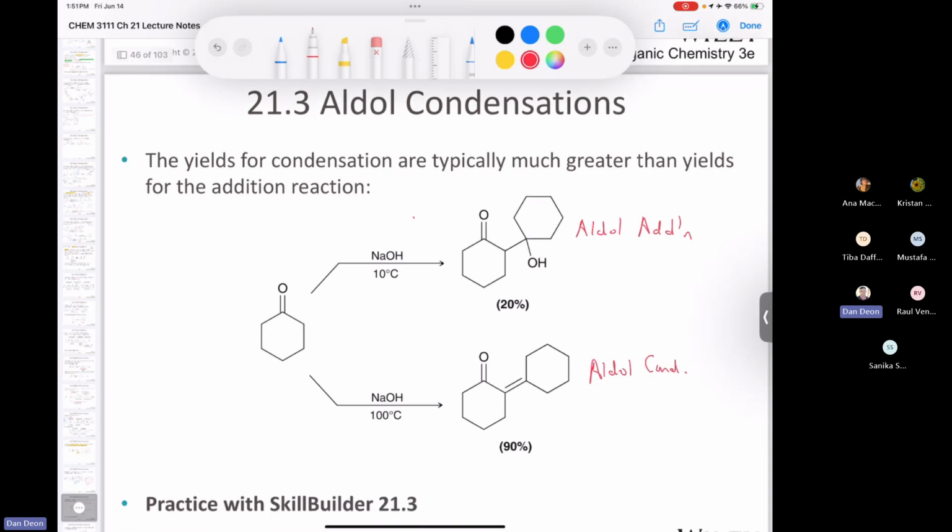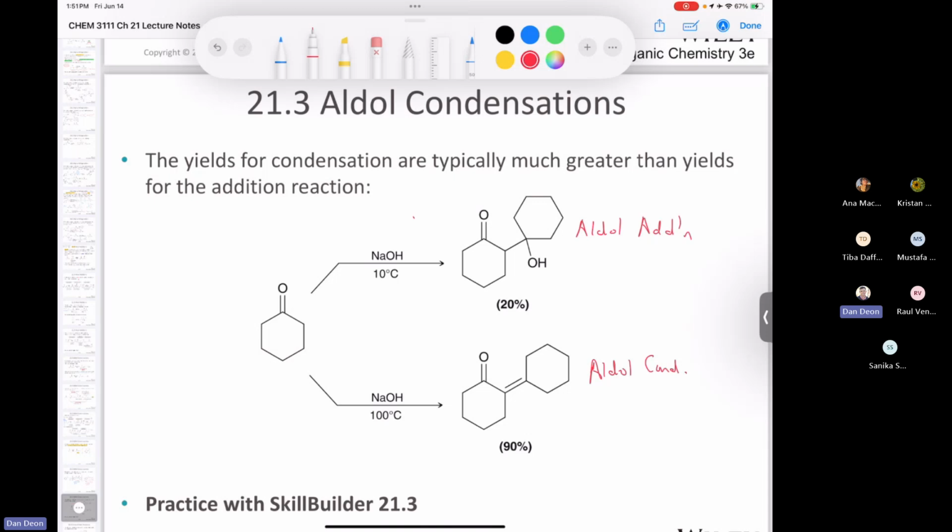I'll be honest with you, I haven't done that many aldol condensation reactions in my life. I've done a few, but it certainly wasn't part of my graduate work or anything like that. Now, as far as the skill builders go, I don't bring up the skill builders a ton in class, but there is a skill builder. Let me find it here. I had it open, and then I think I closed it.